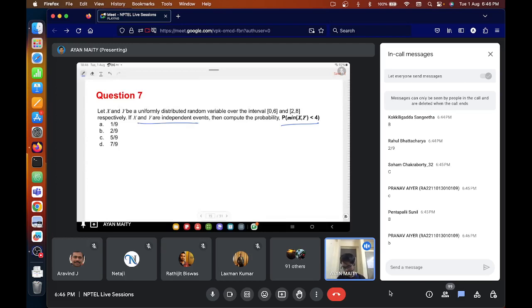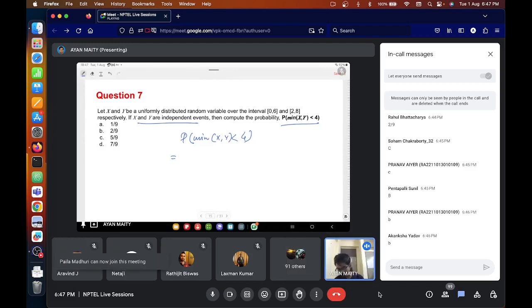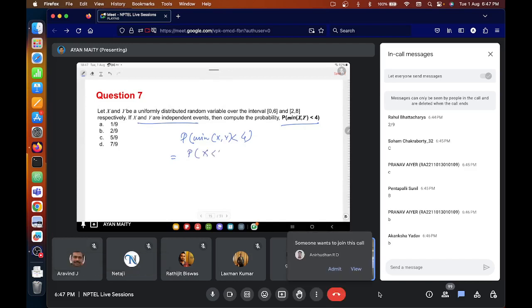Okay, so in this question, you have to find out the probability of the minimum of x comma y less than 4. This event can be decomposed into two events: probability of x less than 4 union y less than 4.